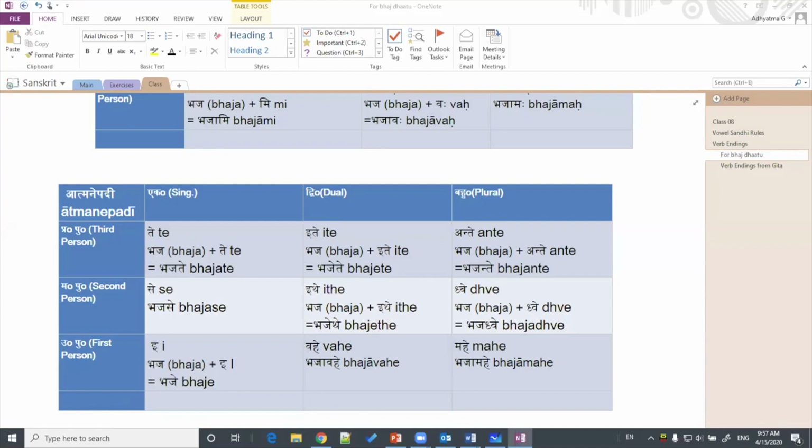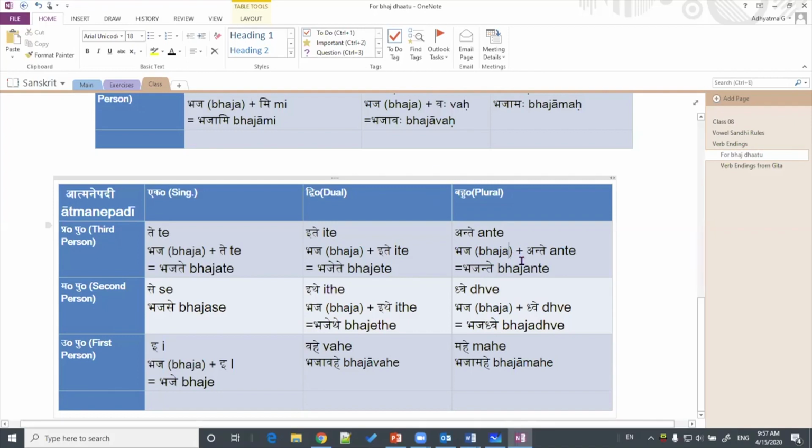Another question is, can you please clarify where sandhi applies and where there is a rule for the ending? I already explained where the sandhi applies here: bhaja plus ite becomes bhajete, akara plus ikara. And here sandhi applies, but there is an exception where the previous akara plus akara actually remains akara; they do not become long akara.